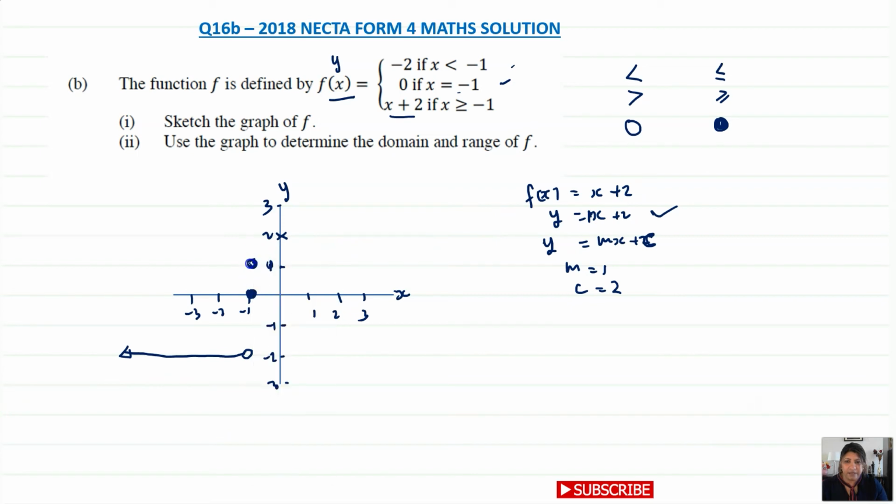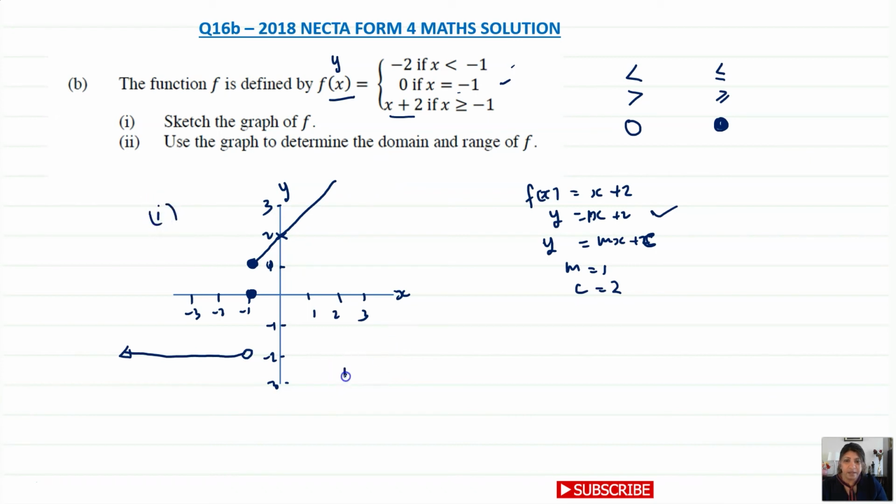It's a dark circle, because we have the equal bit. Now we've got 2 points, that point and that point, and we can just draw our line. So x can be anything from this point, -1, all the way to +infinity. This is the sketch of your graph. So part I is done.